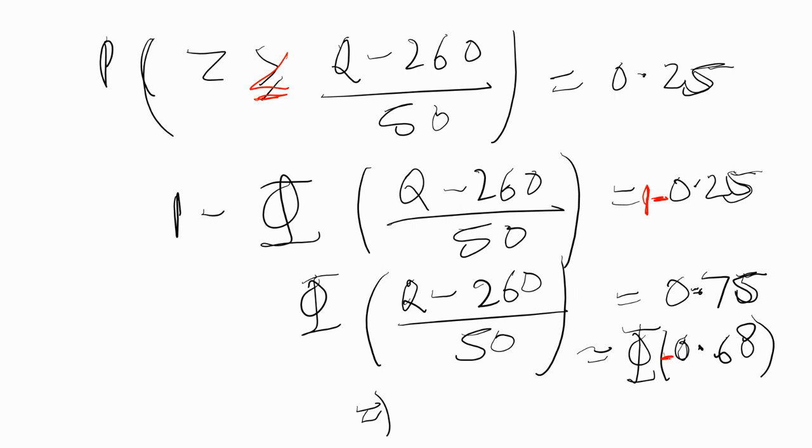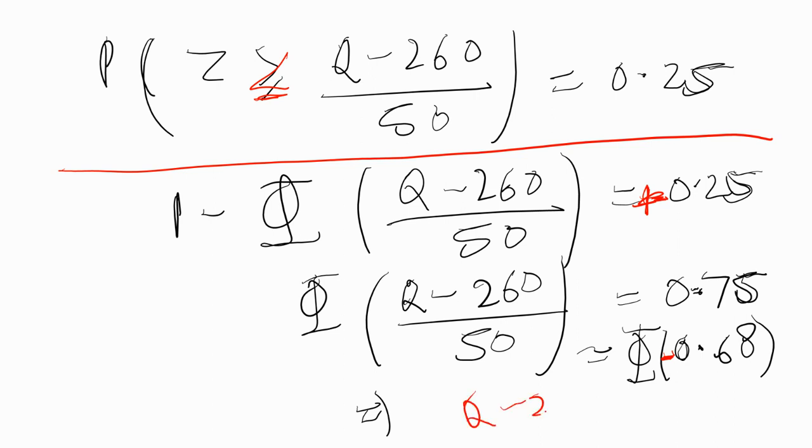So ultimately it will be phi of minus, so don't do this, just do this, and it will be minus of 0.68. So (q minus 260) by 50 will not be equal to plus, it will be equal to minus of 0.68.